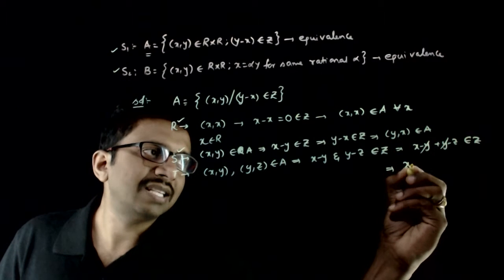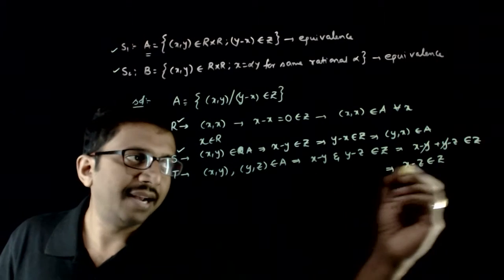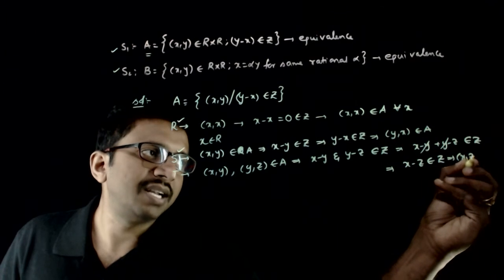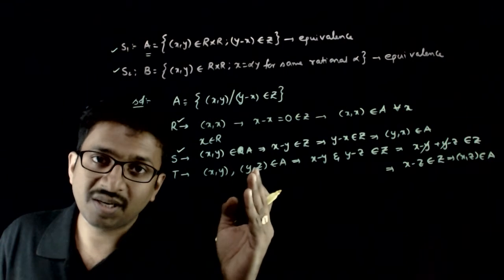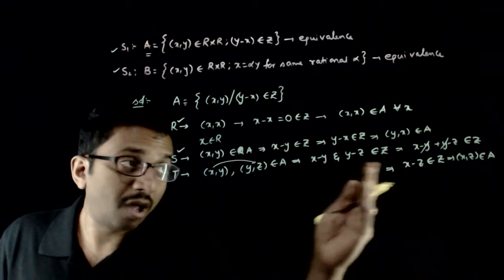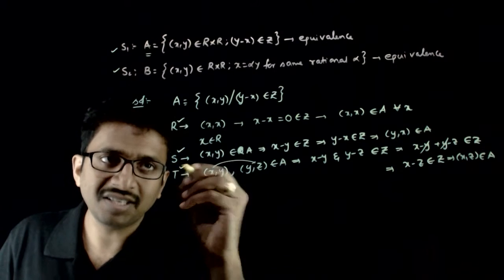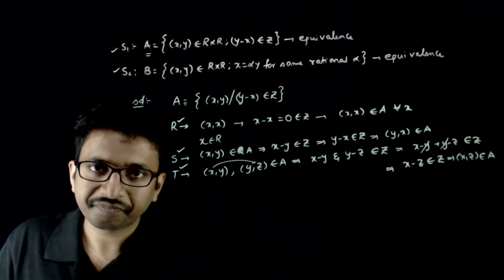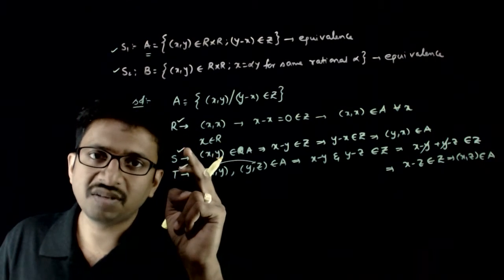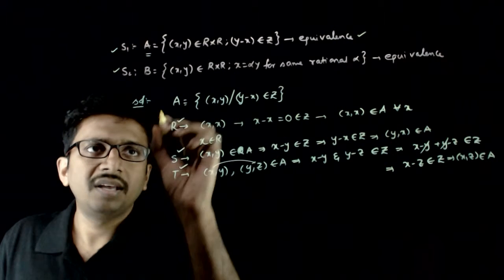This implies x minus z belongs to the integers, and this implies (x, z) belongs to A. So if (x, y) and (y, z) belong to A, (x, z) always belongs to A. That means the relation is transitive. So the relation is reflexive, symmetric as well as transitive. Hence the relation A is an equivalence relation.